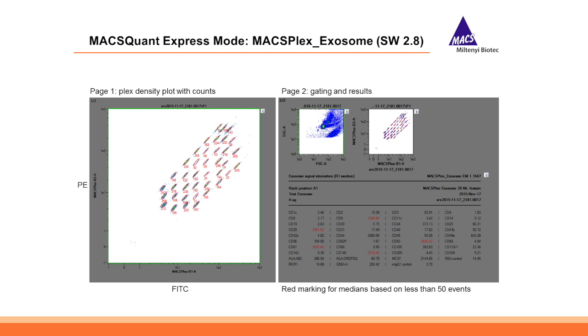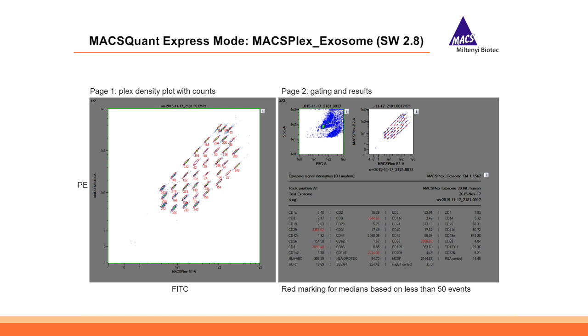And as you can imagine, if you do a lot of these kinds of analyses, it's a little bit tedious to analyze it on the flow cytometer. As our PhD student Nina had to do a lot of such analyses, we developed an express mode for her, which allows an automated analysis. This is shown in the next slide. Here you can see that the MACSQuant flow cytometer automatically recognizes the 39 different bead populations, so it sets all the gates.